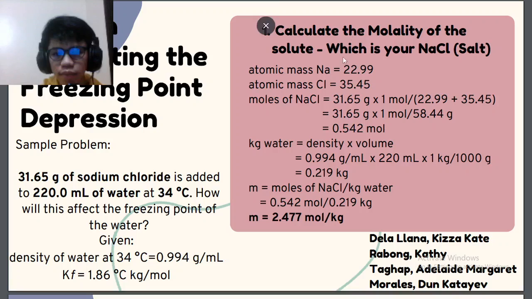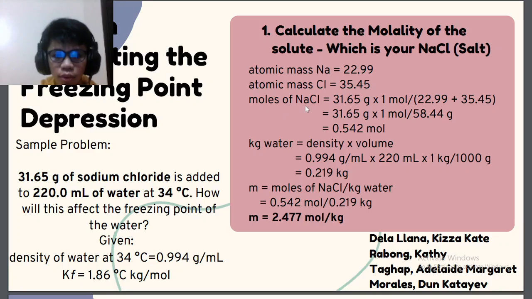Now, the first thing we need to calculate is the molality of the solute, which is your NaCl. And to calculate this, we need the atomic mass for both sodium and chlorine. So that's why we have this. The atomic mass of sodium is equal to 22.99. And the atomic mass of chlorine is 35.45.